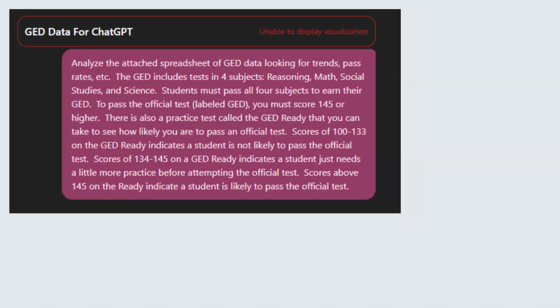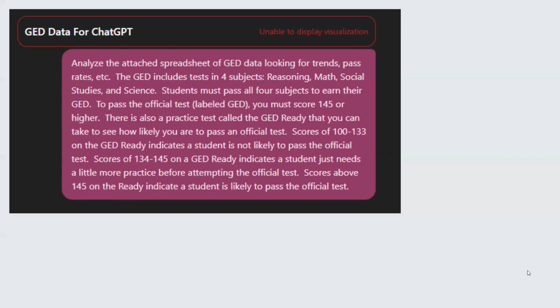And I just said, analyze the attached spreadsheet of GED data. Look for trends, pass rates, etc. At that point, I didn't even know what I wanted it to analyze. So I just said, etc. Then I gave it some background knowledge on GED, talked about it's got 4 test subjects, talked about the passing scores, explained a little bit about the readies, gave it all the background.